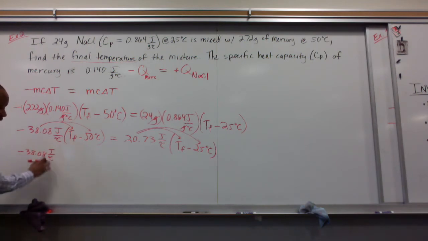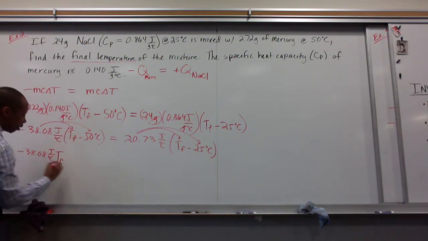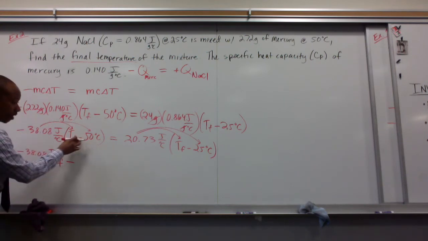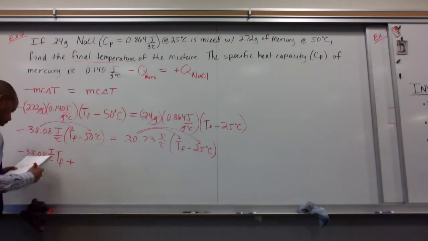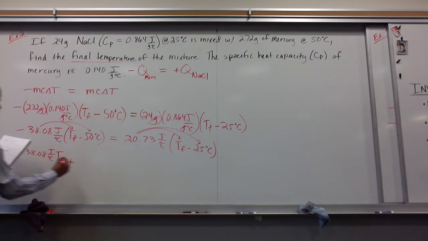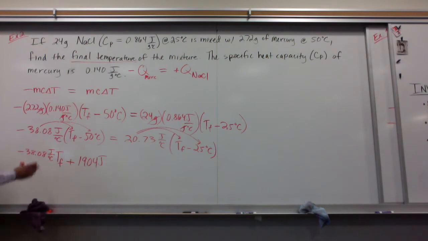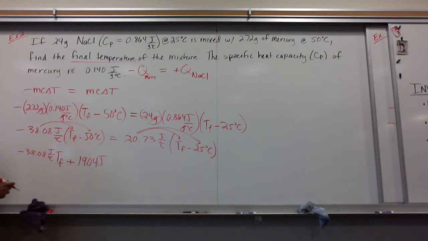Know the difference. These are units, but this is a variable that you're solving for. Times TF. Minus, you have negative 38.08 times negative 50. So this is going to be a plus, and you will get 1904 joules. Why joules? Because joules per degree Celsius times degrees Celsius is going to cancel out your degrees Celsius.